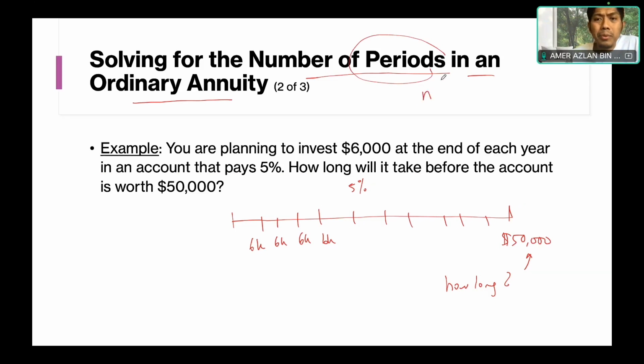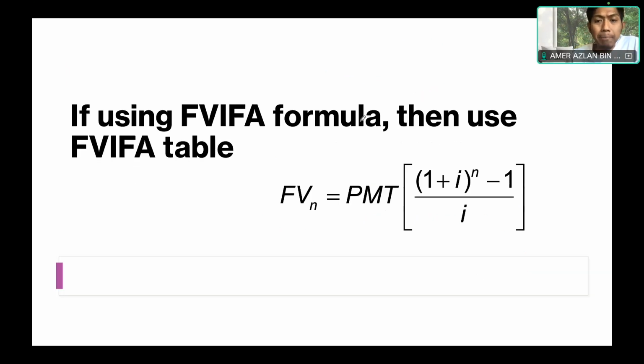Okay, so to solve the number of periods in an ordinary annuity, if we use the future value formula, okay, we know the future value just now at 50,000. Your PMT is 6,000. Okay, and the interest, or I, is 5%.